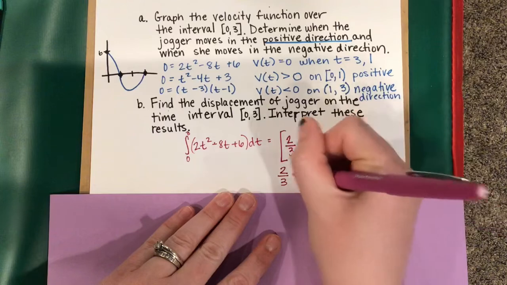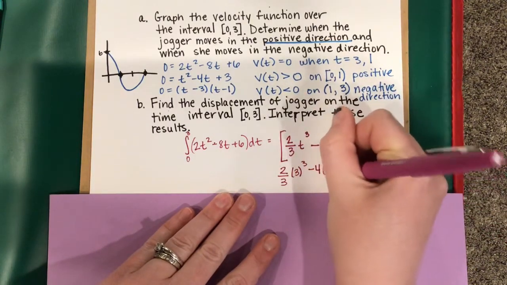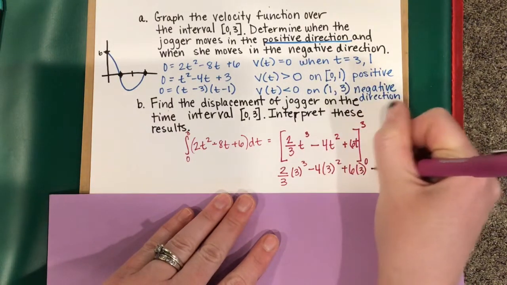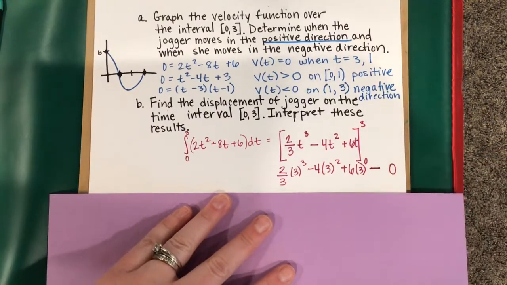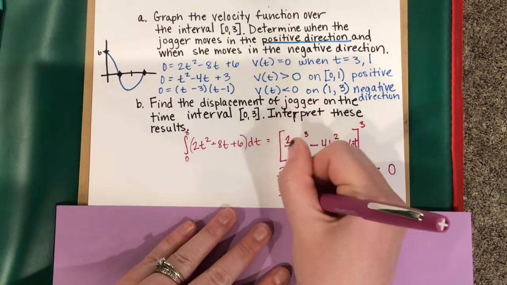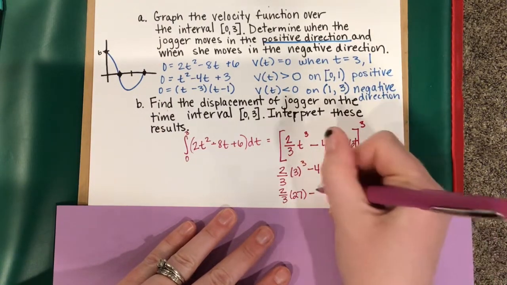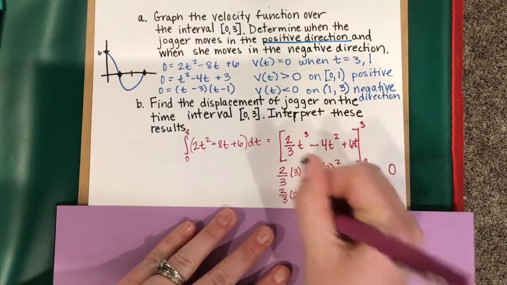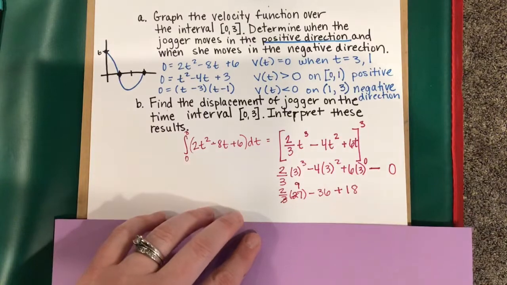Okay, so we end up with 2/3 times 3 cubed minus 4 times 3 squared plus 6 times 3 minus, if I plugged in 0 to all those, it's just going to be 0. So we end up with 2/3 of 27 minus 4 times 9, which is 36, plus 18. Well, 3 goes into 27 9 times.